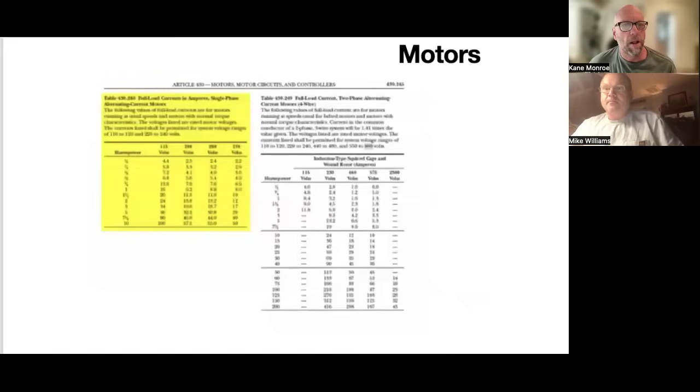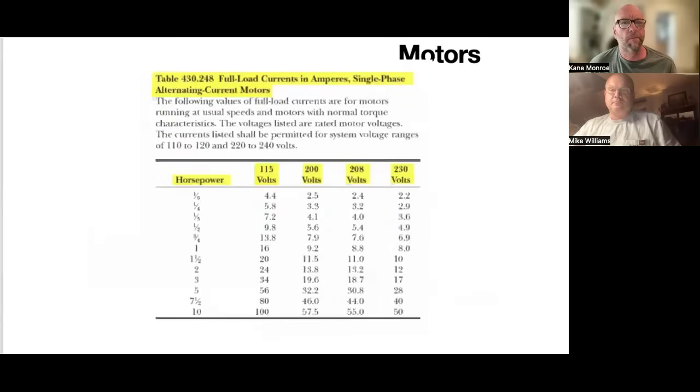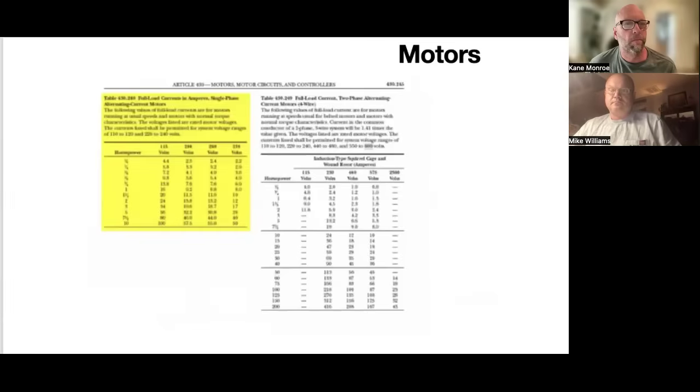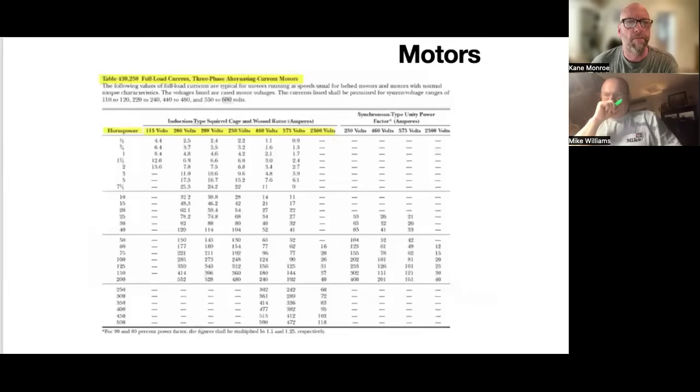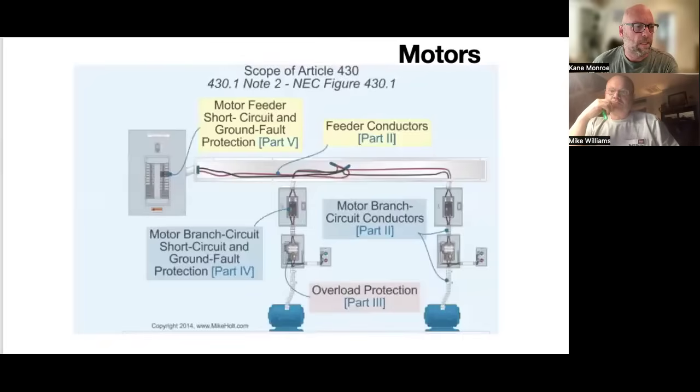And then here are our tables that you already went back to earlier. We've got the single phase, the DC. Here's another 250. That's just the breakdown of that.